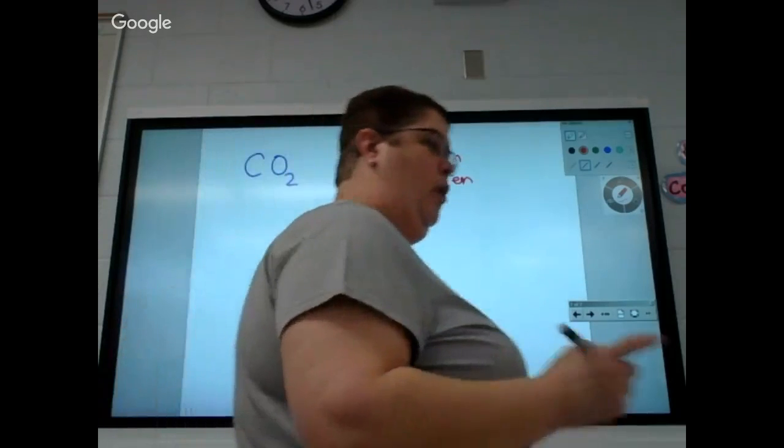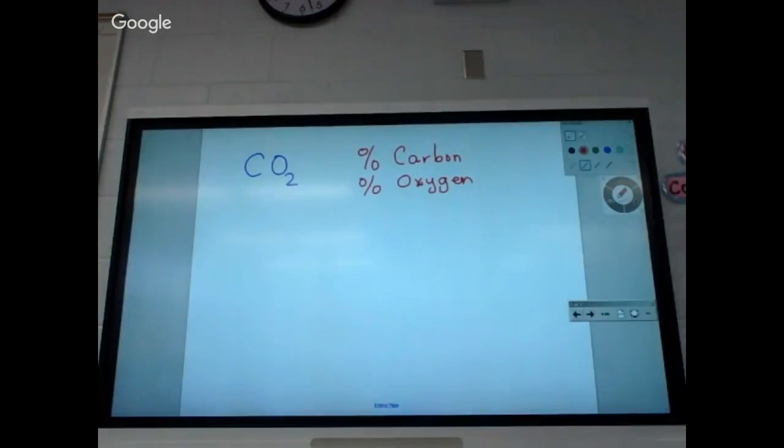Now, what would we need to know in order to find the percent oxygen and the percent carbon in the compound? Thinking about what we just talked about. All right, you're thinking too small just yet. What did you want to say with the total what? The total amount, the total mass. The total mass of what? Elements.